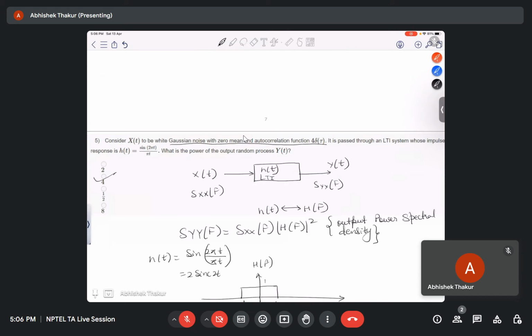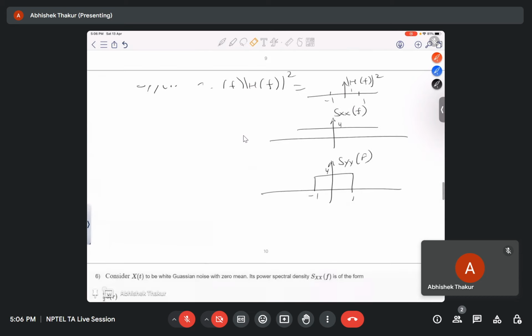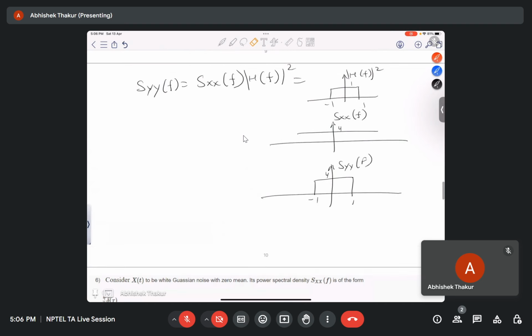Sorry, it is asking what is the power of the output signal. So the power is the area under the power spectral density curve. So this area is the power.